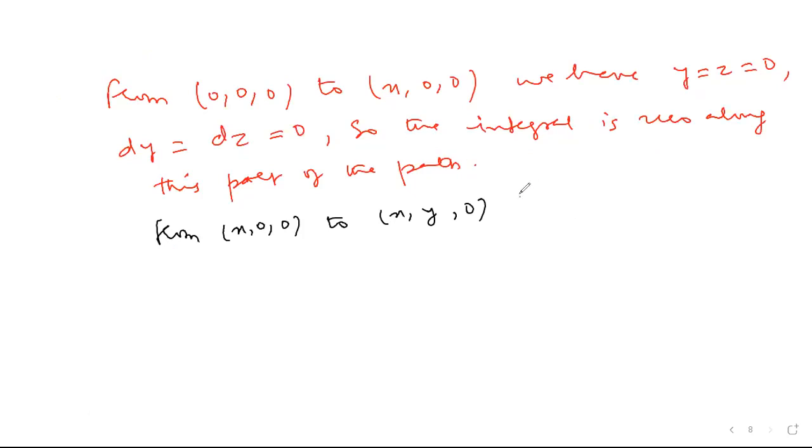Now, along this path we have x equal to constant, because x is not changing. Z is 0. That means when x is constant, dx is 0 and dz is 0. Understand it? X is constant, dx is 0, z is 0, dz is 0.